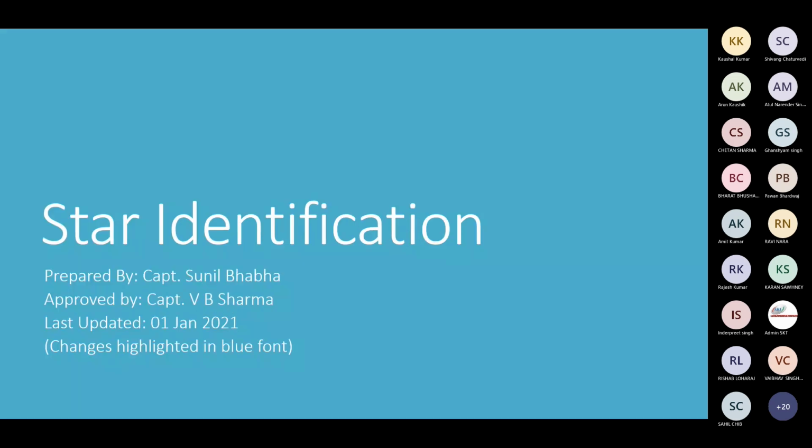In this presentation, we are going to learn the identification of stars for the purpose of site taking. Let's first understand what is the need and purpose of star identification.